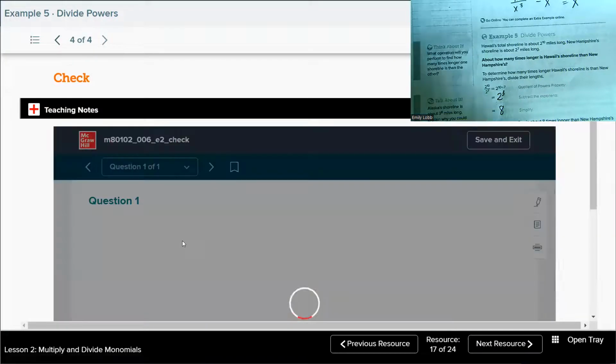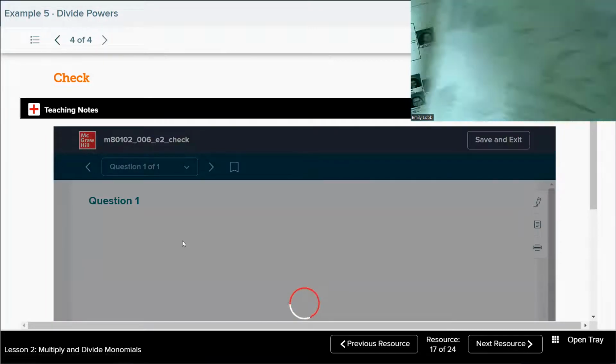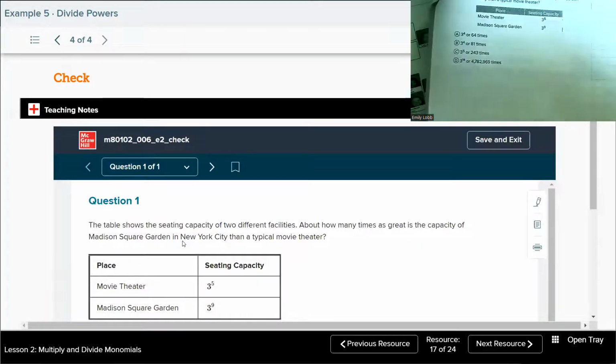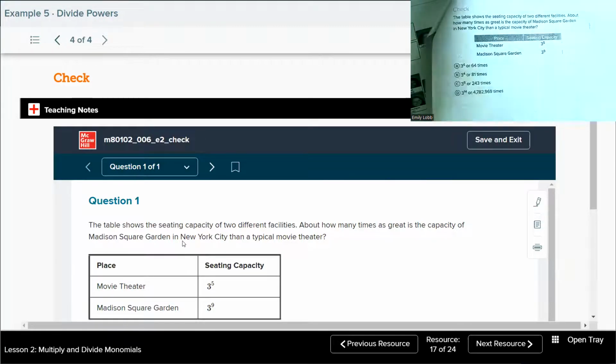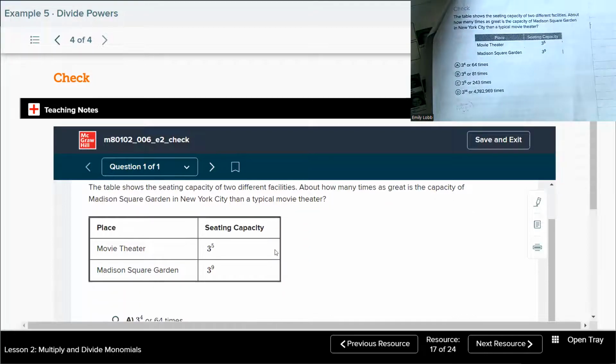So here's your check. It is on page 19. We're almost there. All right. So the table shows the seating capacity of 2 different facilities. About how many times as great is the capacity of Madison Square Garden in New York City than a typical theater?